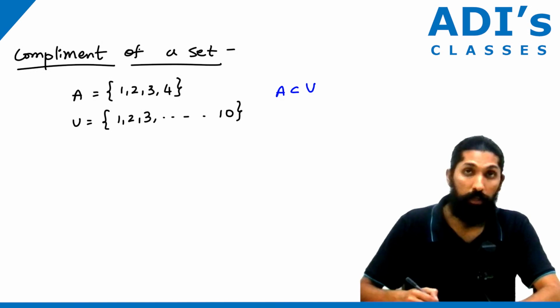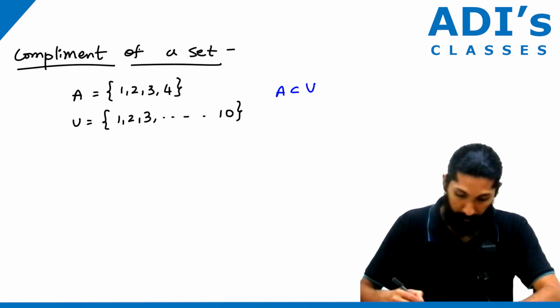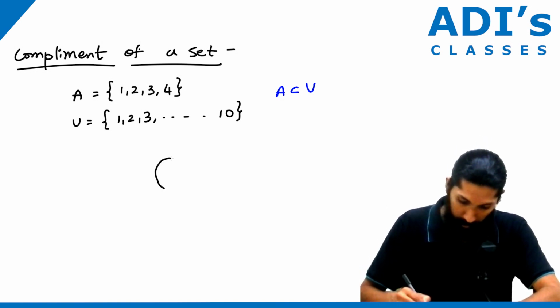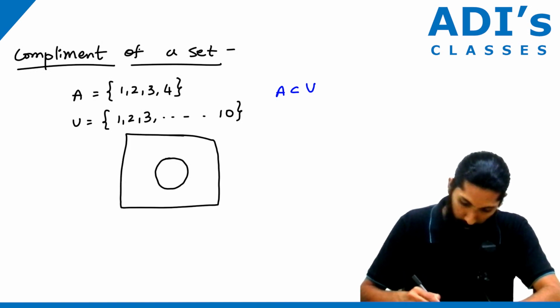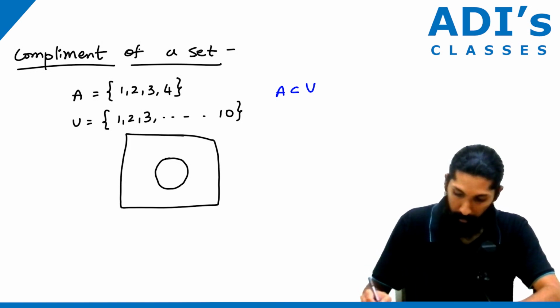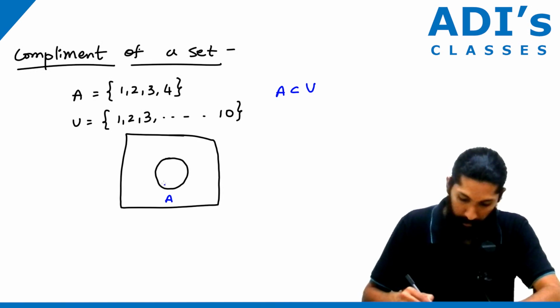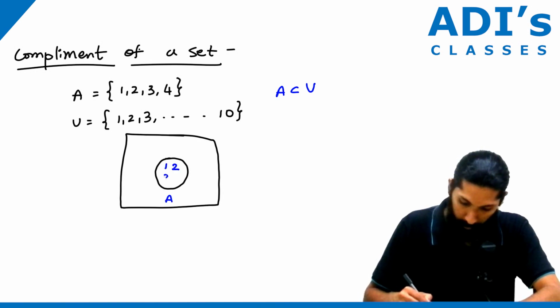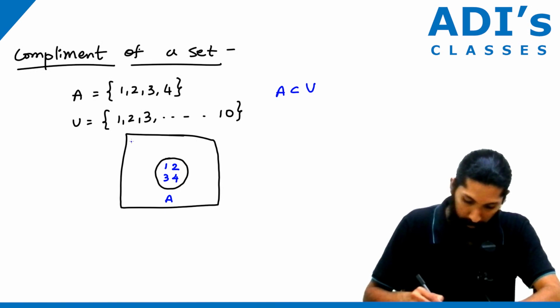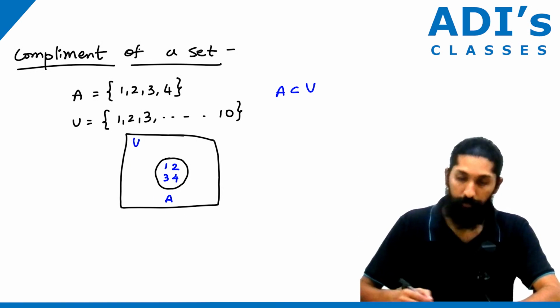Now, if you write the same thing in a Venn diagram, this is set A. So this is U. This part is going to become set A, which has 1, 2, 3 and 4. And this is the universal set, correct?